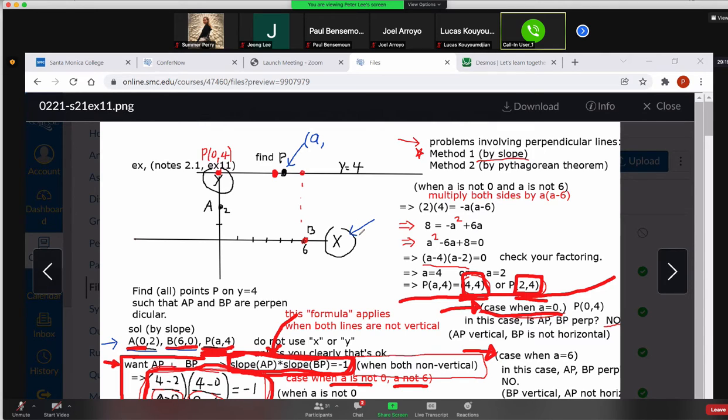Sometimes it is okay to use the variable x, but that x has to be consistent with this x, and if you are not being careful, this x and that x will have a problem. If you're not sure whether you can do that or not, then please use a different letter. In this case, we'll call it A.